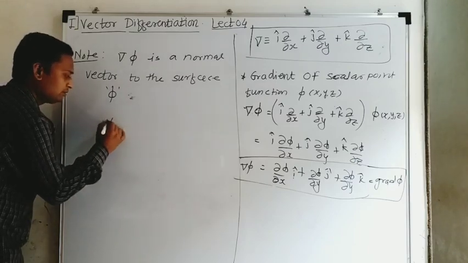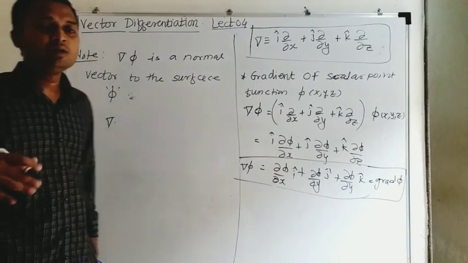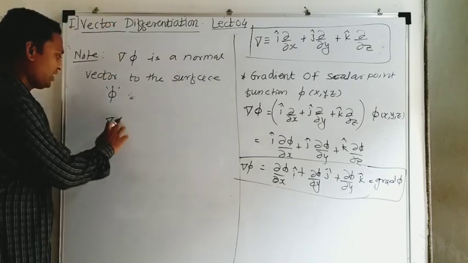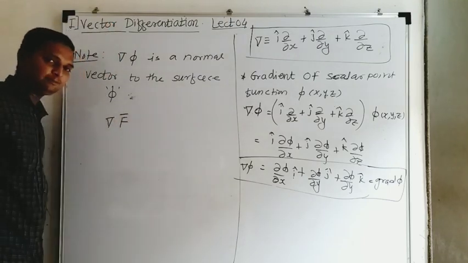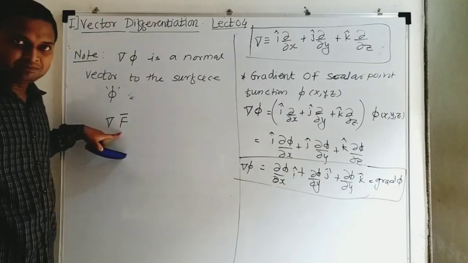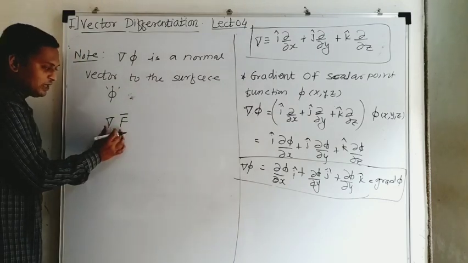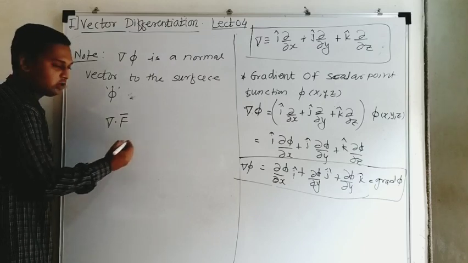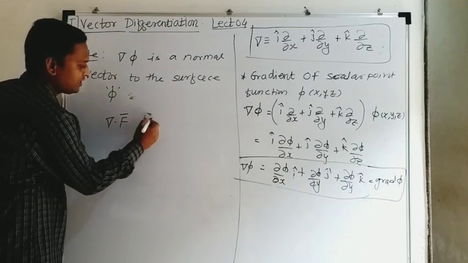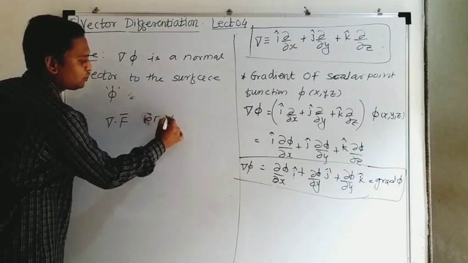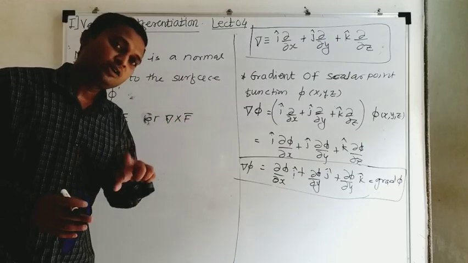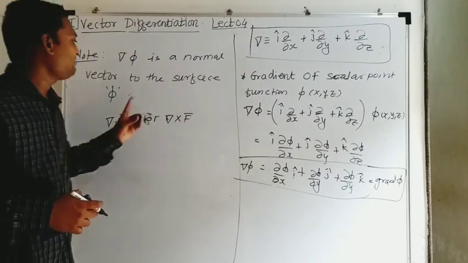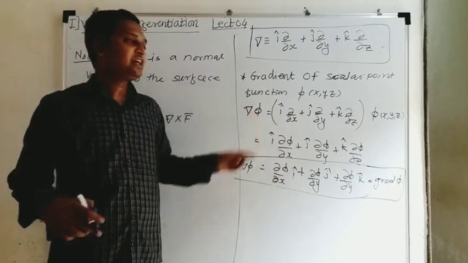Now the next definitions are divergence and curl. There is a vector quantity, and if we operate a vector on a vector, then when we have two vectors, in between we will have a dot, or the second possibility, a cross. We always write either dot or cross in between two vectors, and if it is one vector and one scalar, there is no need of writing anything in between.